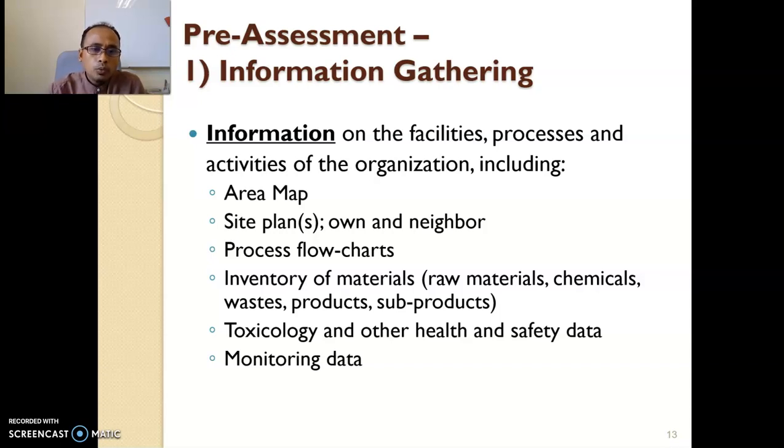And next, we have to gather information on the toxicology and other health and safety data. So maybe the organization is conducting research, or they are making a product that is related to a virus, or related to the use of chemicals. Then we have to look at this kind of data.